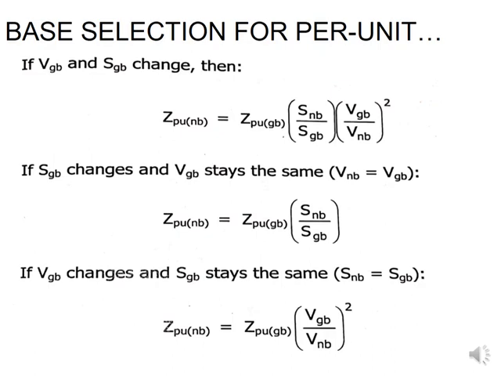But now in this slide, your Z of those equipment already on the system is already in per unit, but you still have to change it into a new base of your per unit. So that's why these formulas are not the same. So depending on what you're given, is it ohms or is it a per unit value, you would then know which of these formulas you need to go and apply to your calculation.